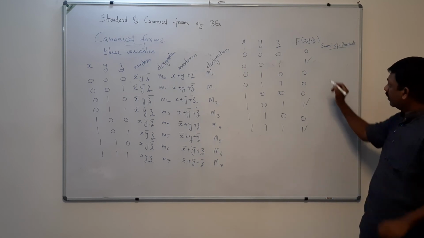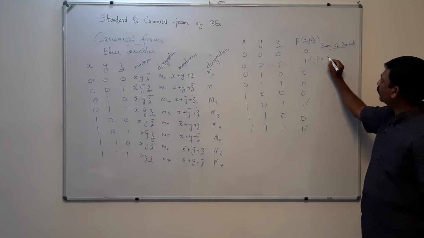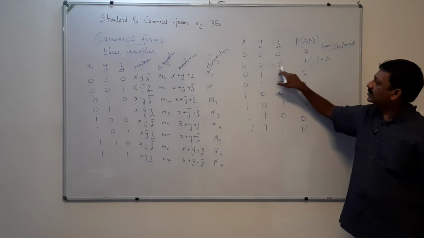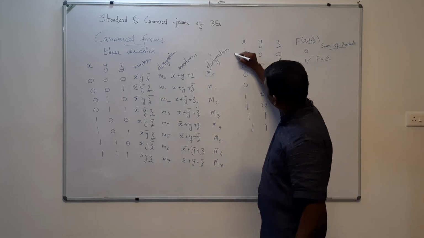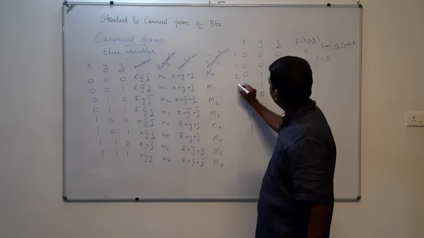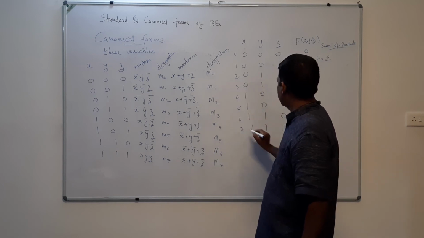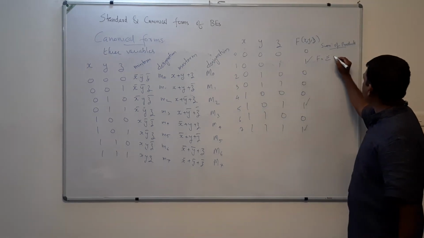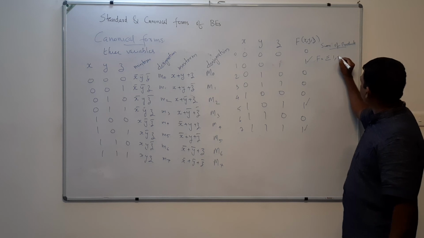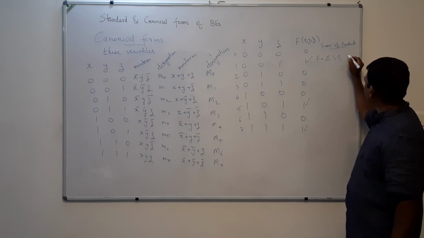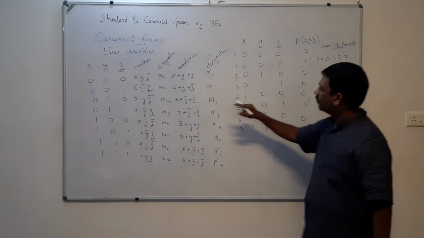Now your function can be written as the sum of what does this represent? This is 0, 1, 2, 3, 4, 5, 6, 7. This one represents 1, that means sum of 1. What is this? Sum of 5. And what is this? Sum of 7. 1, 5, 7. Then what are the min terms for this?